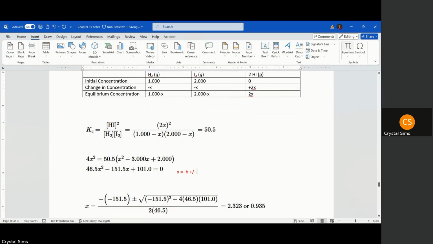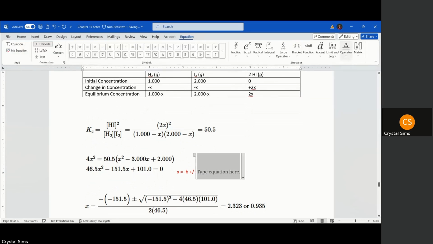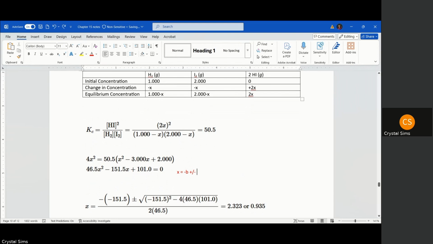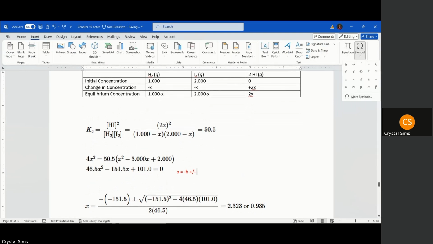Let me get my square root symbol. Not one that I use very often, but there's the plus minus. I can go ahead and pop that in so it's not as confusing. Now let me see if I can find my square root sign.